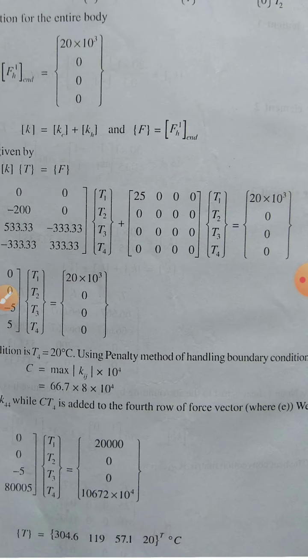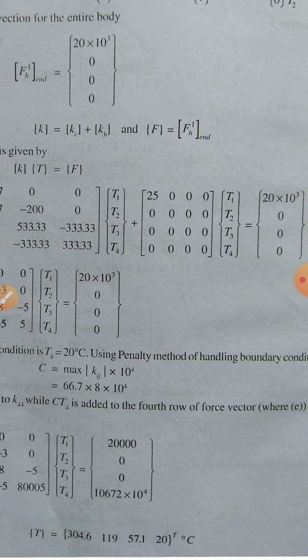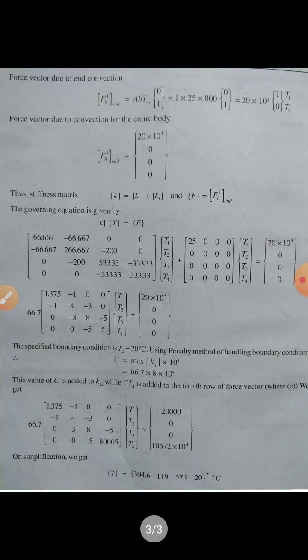At that time we get the simplified matrix as 66.7 into the matrix with rows 1.375, minus 1, 0, 0; minus 1, 4, minus 3, 0; 0, minus 3, 8, minus 5; and the fourth row 0, 0, minus 5, 80,005.